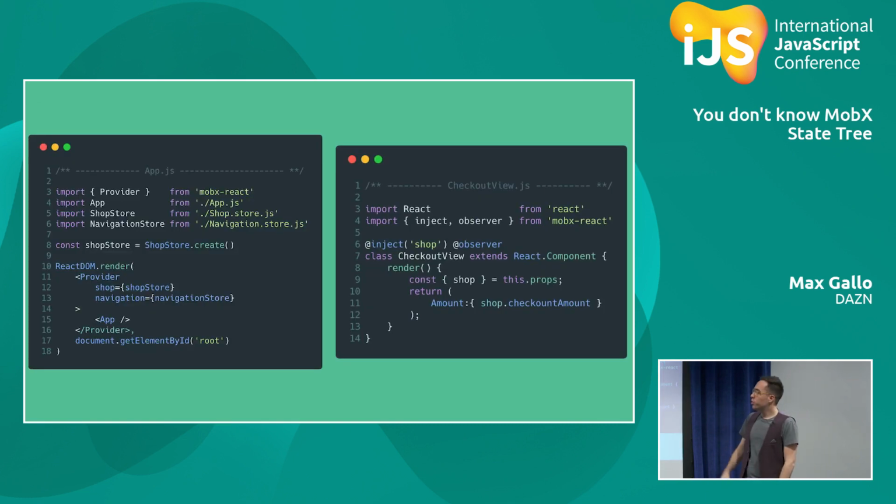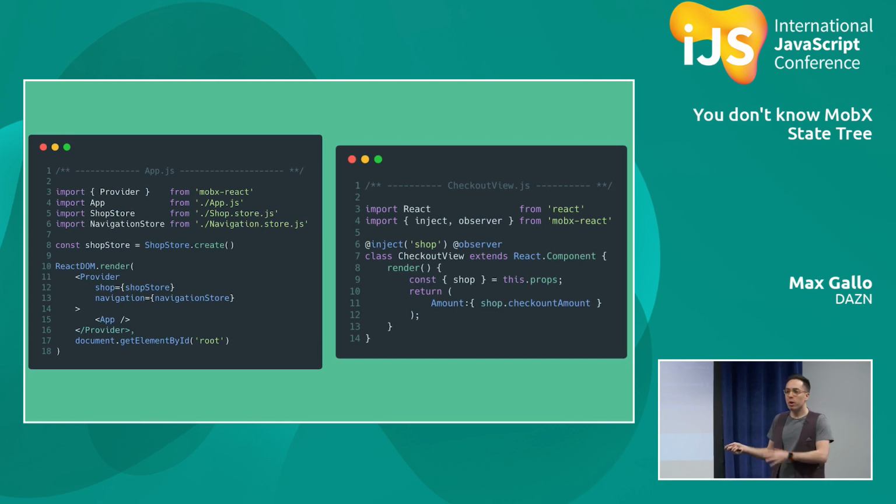There are two files involved. The one on the left is your old friend app.js. Everyone has an app.js, root.js, or something similar. We have the React DOM render function. The first parameter is usually our app. And our app, in this case, is actually wrapped by a provider. You may remember that from Redux, a similar concept.